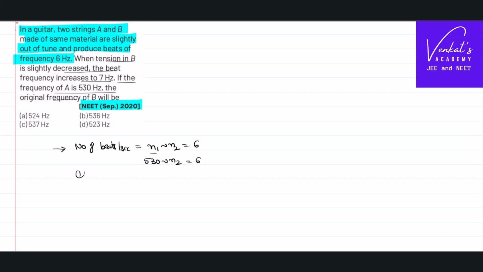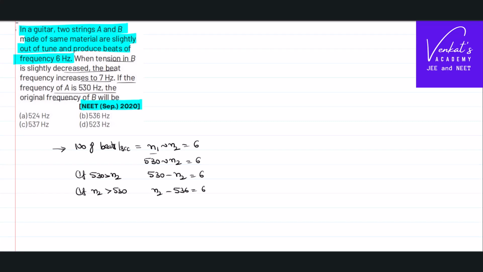There are two possibilities, right? If 530 is greater than N2, the equation becomes 530 minus N2 equal to 6. The other possibility, if N2 is greater than 530, then N2 minus 530 becomes 6.